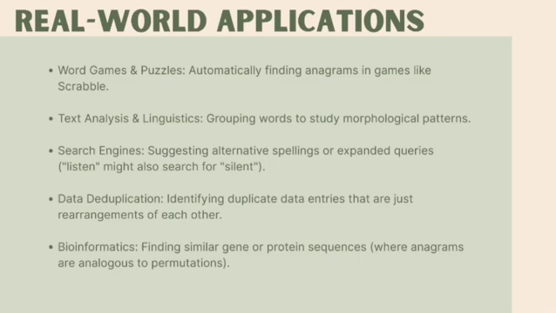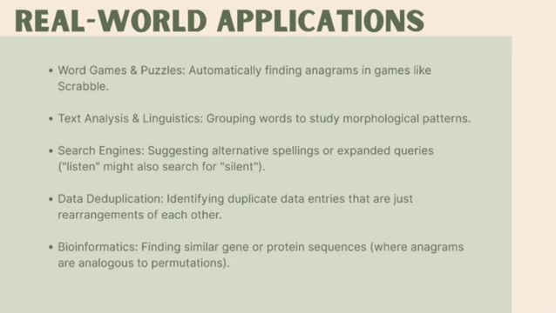For example, searching for listen would also consider silent. Fourth, in data deduplication, it helps identify duplicate entries that are just rearrangements of each other. Finally, in bioinformatics, a similar approach can find related gene or protein sequences, where anagrams are analogous to different permutations of the same element.